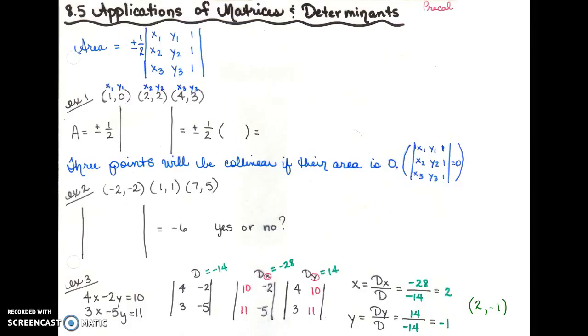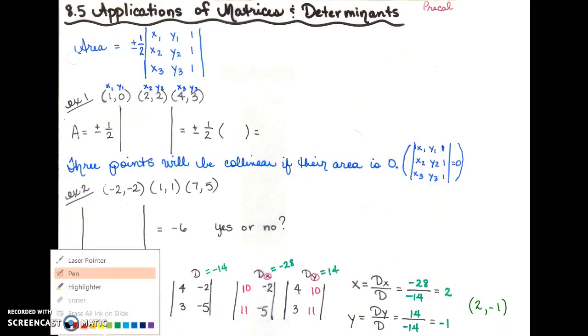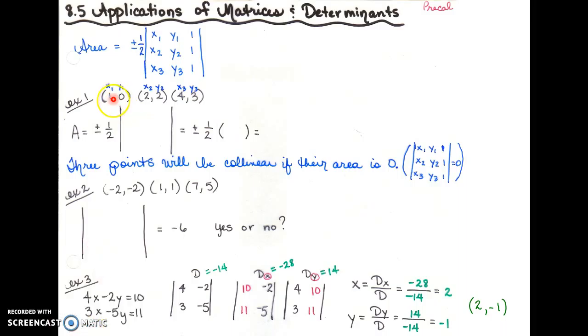So the first thing they tell us here in 599 in section 8.5 is how to find the area of a triangle if you only know 3 vertices. Okay, think about this for just a second. At this point right now, if I only knew my 3 vertices, that was all that I had, how would I have to find the area of that triangle?